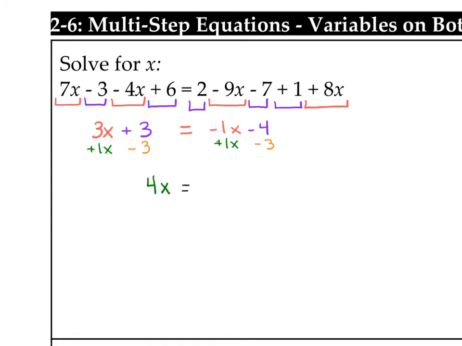For the constants on the right, the x terms have been eliminated because negative 1x plus 1x is 0. And then negative 4 plus 3 is negative 7.